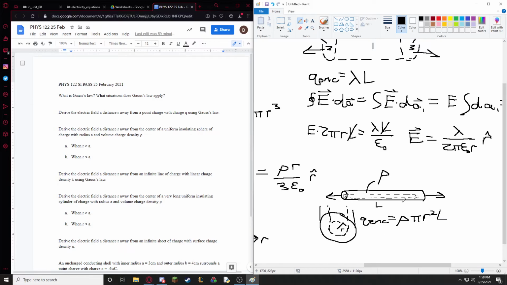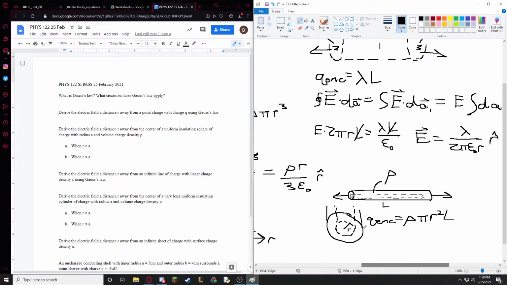So we have our enclosed charge, and now we solve for our E dot dA, where sort of the same thing applies. We have our two end caps of our Gaussian surface, for both of which our electric field is radially outward, so the dot product, cosine of 90, is 0 and goes away.